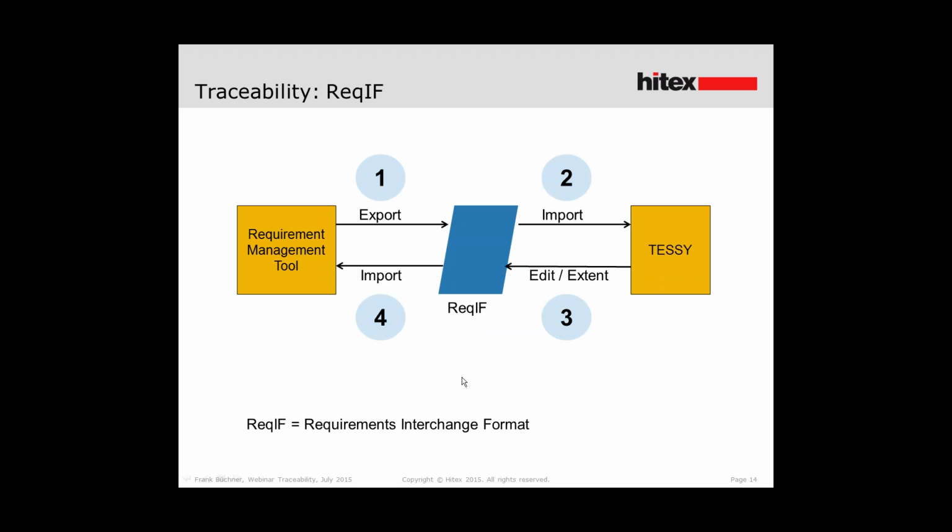And most requirements management tools, like for instance DOORS or Polarion or whatever you use, are able to export the requirements which you have defined in this tool to a ReqIF file. And TESSY is able to import such a file with requirements, like I have shown you with the import function.